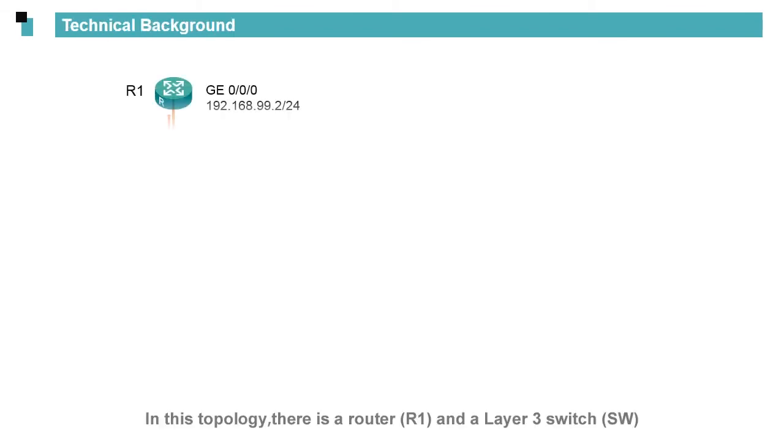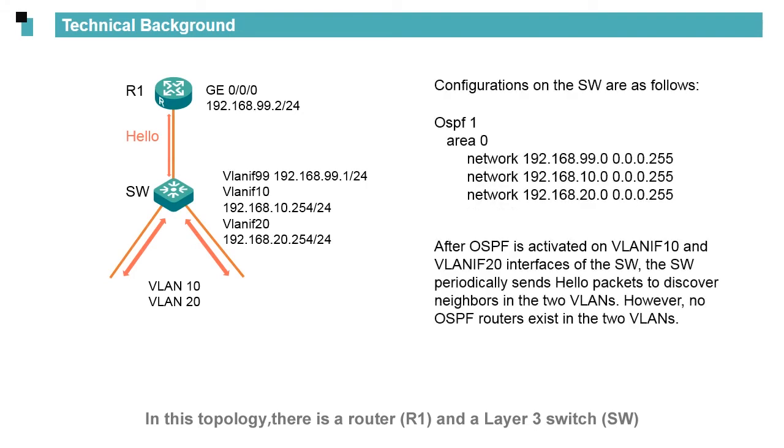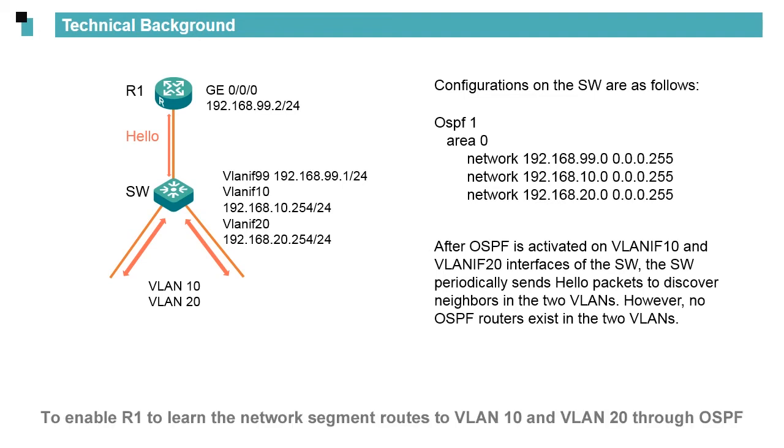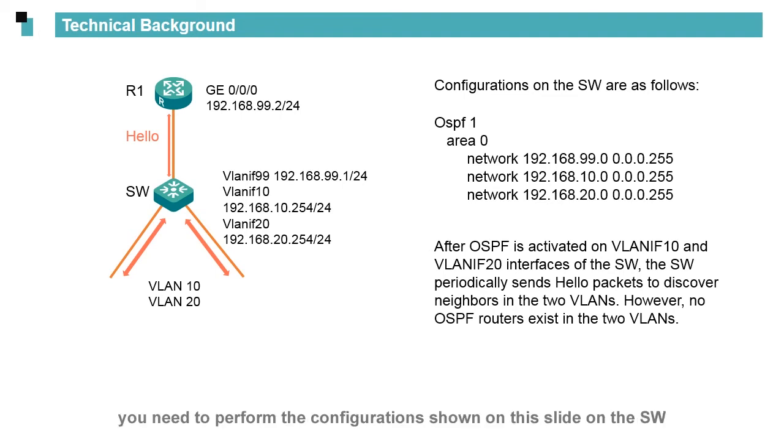In this topology, there is a router R1 and a layer 3 switch SW. The switch has 3 VLANs. OSPF runs between R1 and the SW to enable R1 to learn the network segment routes to VLAN 10 and VLAN 20 through OSPF. You need to perform the configurations shown on this slide on the SW.